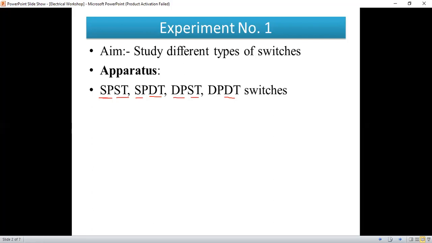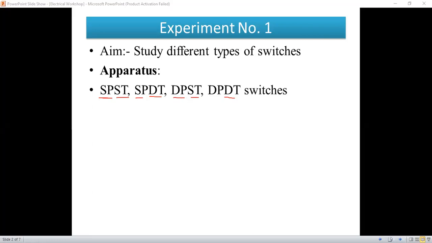SP, its name indicates, is single pole, and DP is double pole. A switch having a double pole is called DP. The switch which has a single pole is called SP. Then ST and DT.